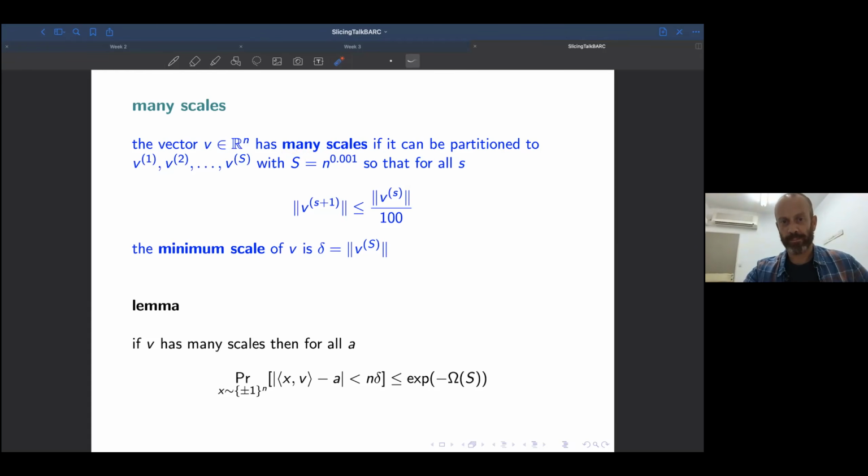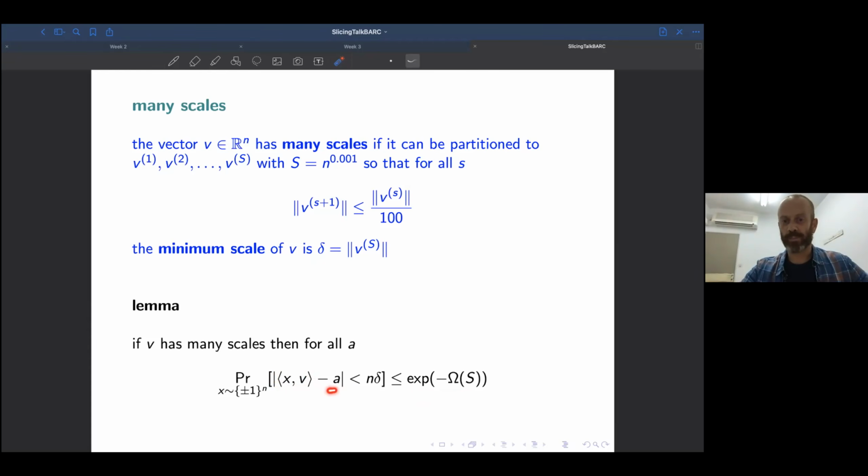Now, the minimum scale is just the size of the smallest scale. Okay, this is the term I used. Now the lemma is whenever we have such a vector with many scales, we can choose x uniformly at random in the hypercube. So just a random signing of this vector. So this is a random number, some random variable. The probability to hit A, any A, is very small.